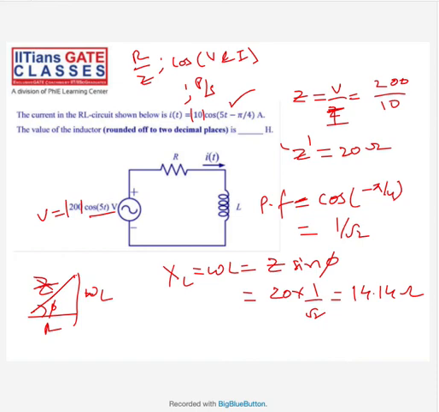So I want to find the value of L. L is equal to 14.14 by omega, which is given as 5. So divided by 5, 2.82 Henry. Correct, 2.82 Henry.